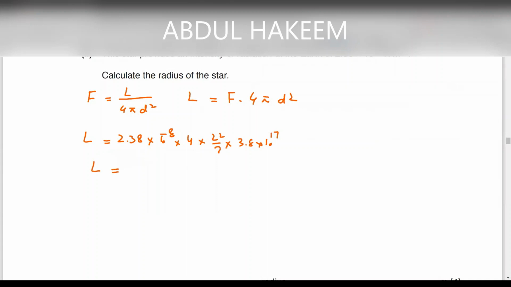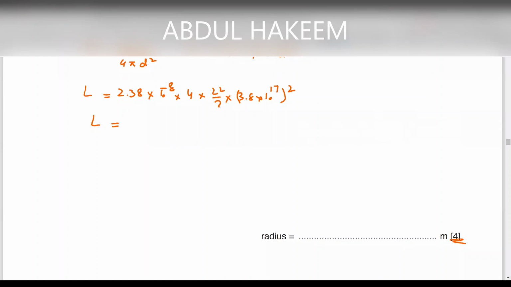So the luminosity of the star is coming approximately... okay, I missed this square here. So the answer of the luminosity is 4.32 × 10^28.